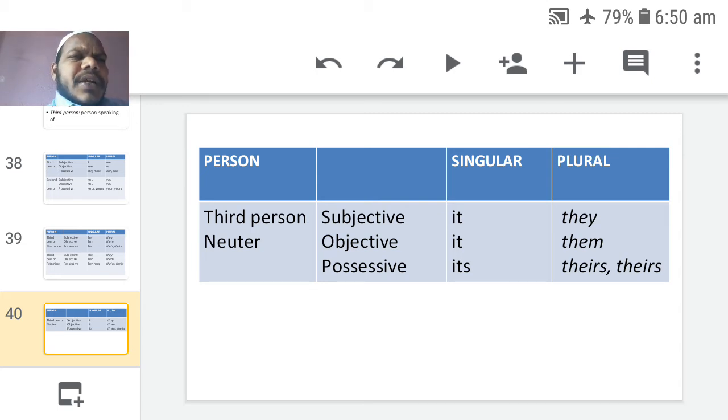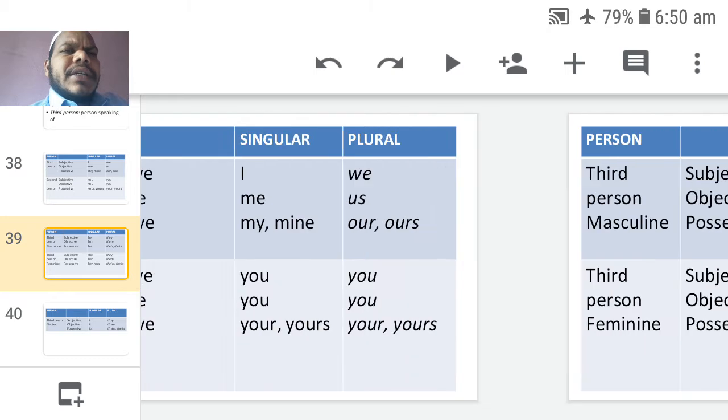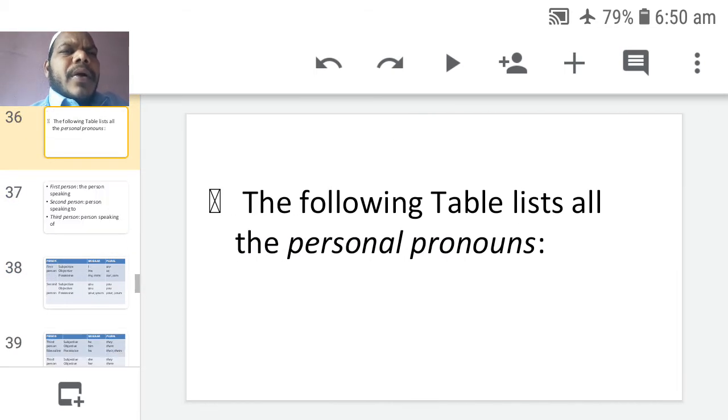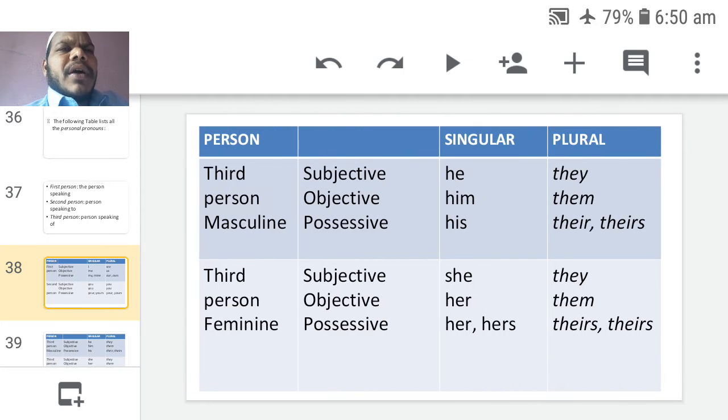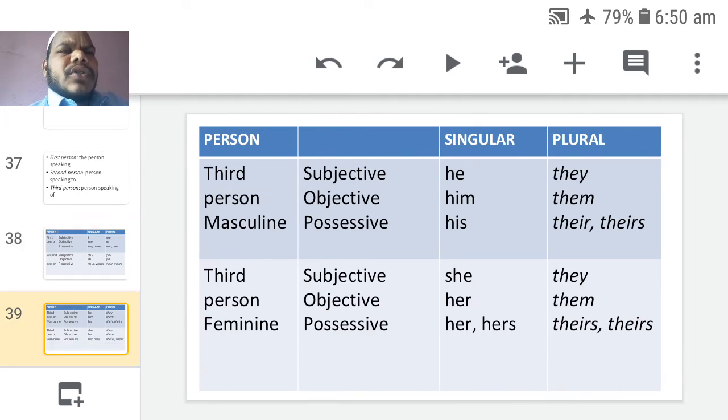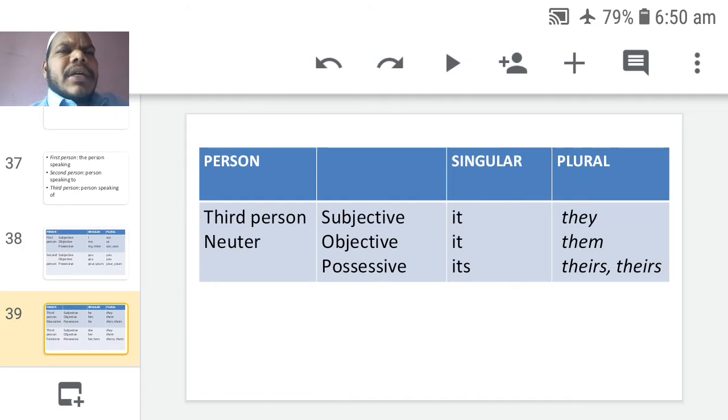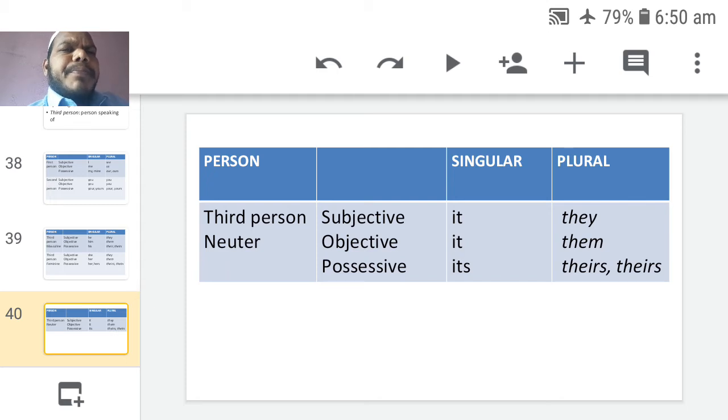Based on that, I hope you all practice the textual exercises and come to a conclusion on these different personal pronouns: first person, second person, third person, masculine and feminine, and neuter, personal, singular and plural pronouns.